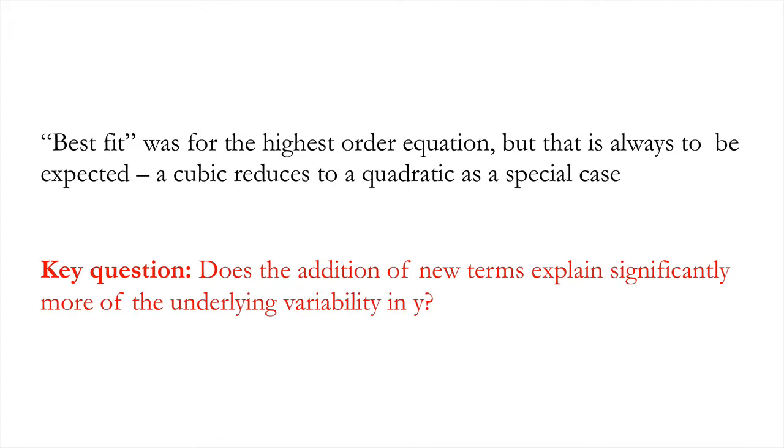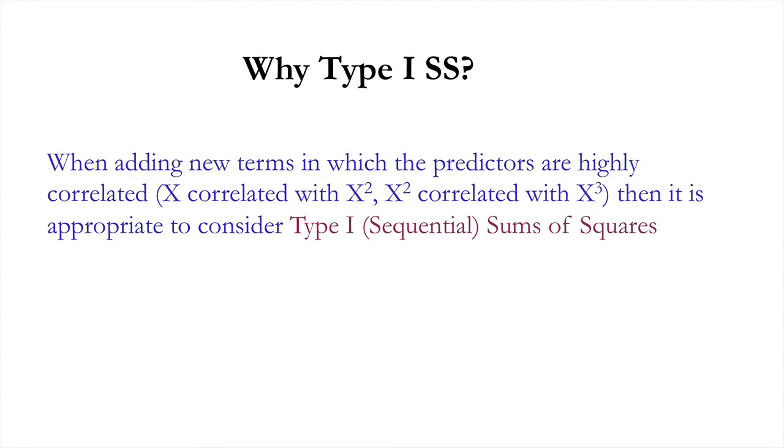Here is the key question that we should be asking: does the addition of new terms explain significantly more of the underlying variability in y? To ask this type of question, we need a type 1 sum of squares.